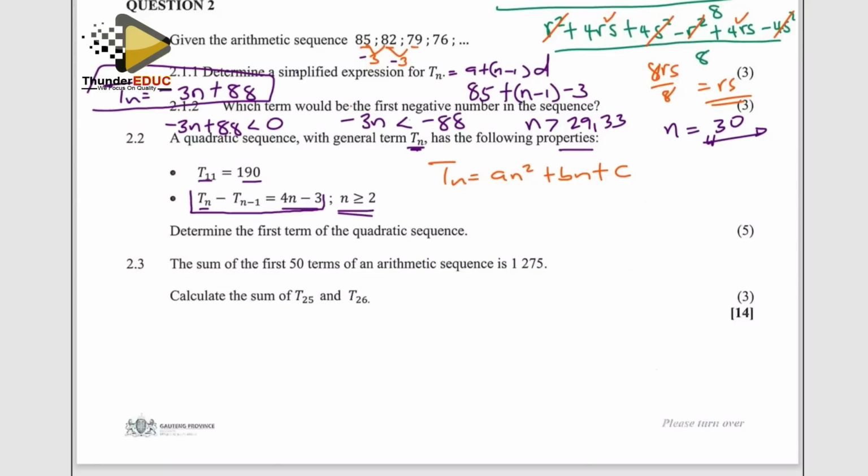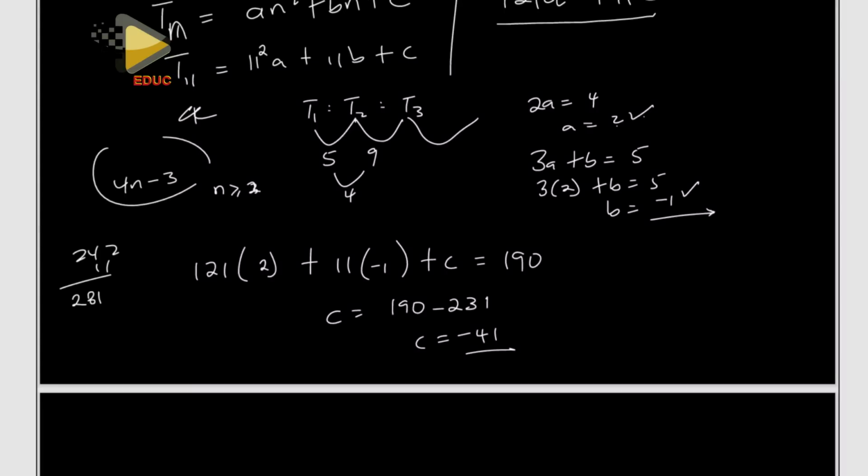The question is asking for the first term. So we know that the first term is given as a plus b plus c. So I'll get my a, which is 2, my b, which is negative 1, and my c, which is negative 41. When I simplify that, what do we get?